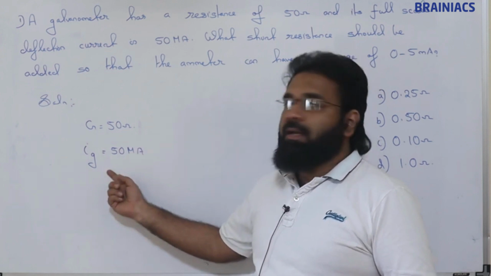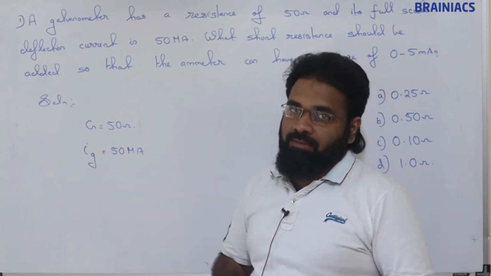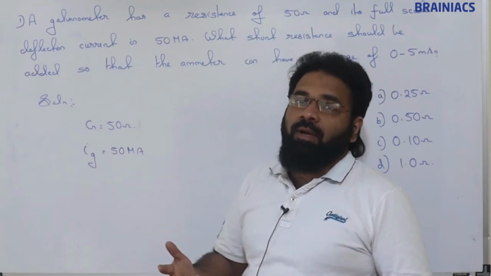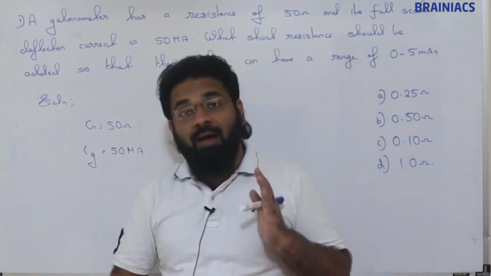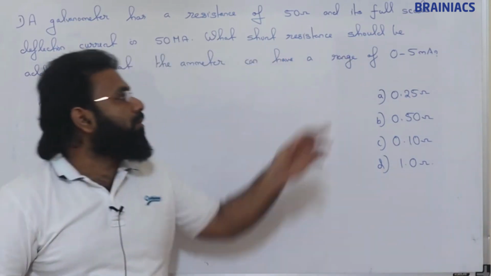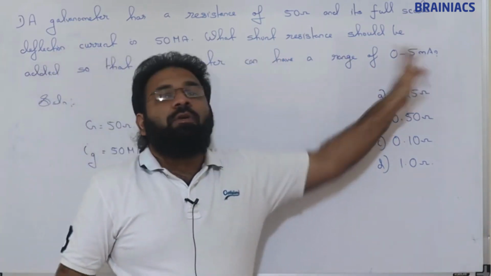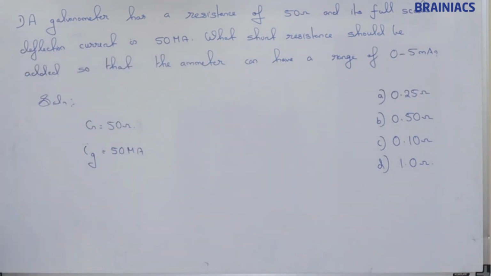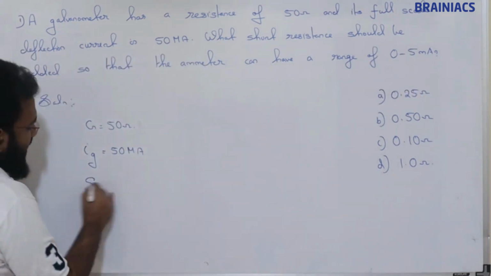Beyond that, the galvanometer coil will be damaged. But the maximum current which can be measured in the ammeter, that is the galvanometer and shunt resistance put together, is given as 0 to 5 milliampere. So G is given and Ig is given. What is the shunt resistance?